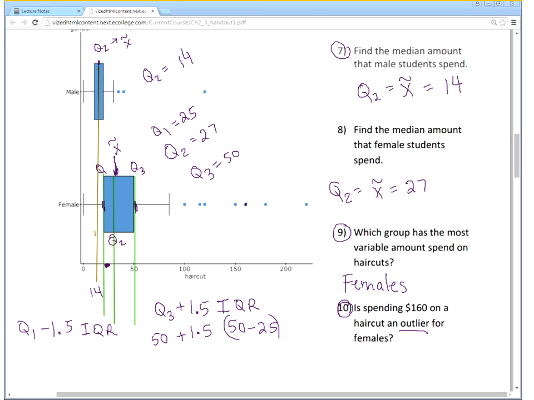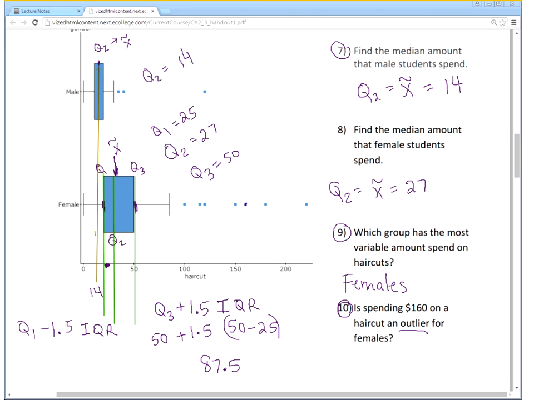All right, so what do we have? We have 50 minus 25, which is just 25. And then we take that 25 and multiply by 1.5, and then add it to 50. So what I get here is 87.5.